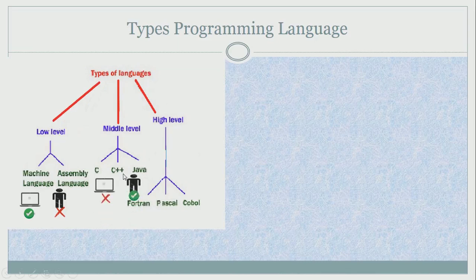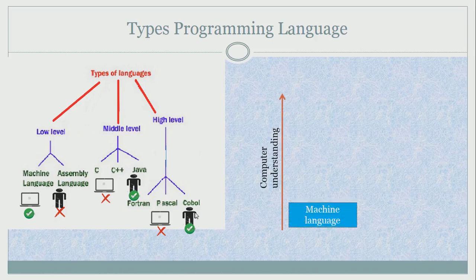Middle-level languages are difficult for computers to understand, but easy for humans. Whereas, the high-level languages are difficult for computers to understand and easiest for humans, even much more easy than middle-level languages.